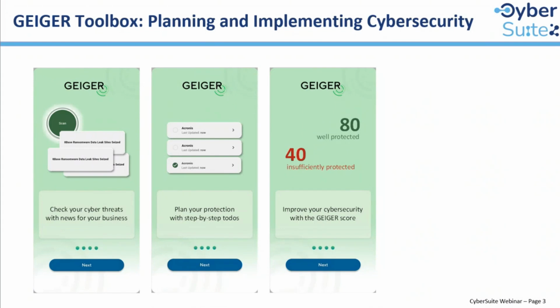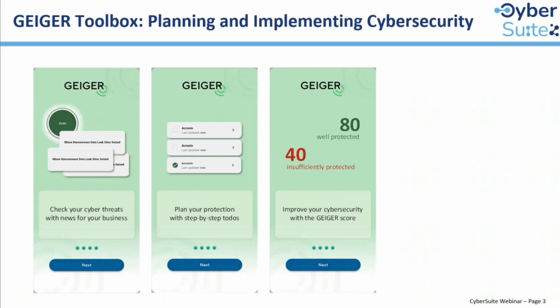As a second key capability, GEIGER allows you to plan what you want to do in order to improve the protection of your small business. In particular, it allows you to identify and select recommended actions, and use your backlog of selected actions for step-by-step improvement of your cybersecurity.